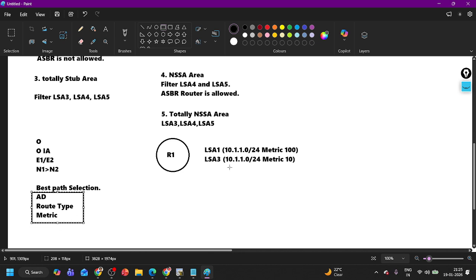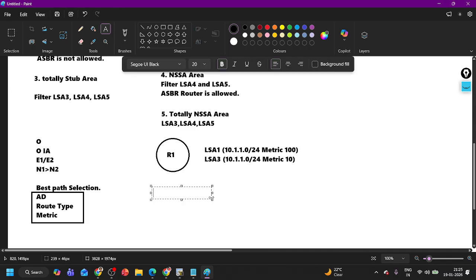So before comparing metric, OSPF is going to check the types of routes, and for best path selection, OSPF prefers O over OIA, OIA over E1, E1 over E2, E2 over N1, and N1 over N2.